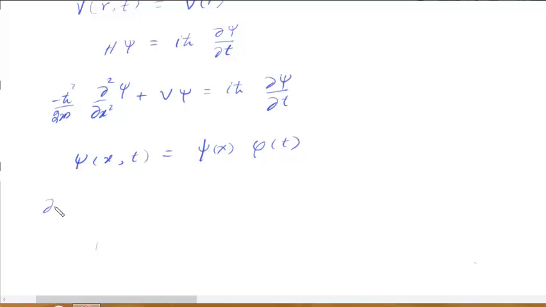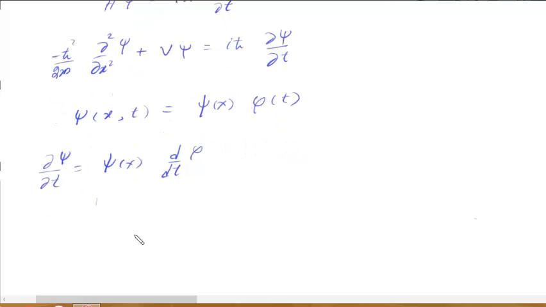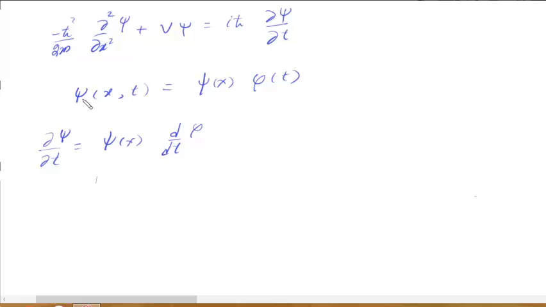Then we take the derivative of the wave function with respect to position two times.